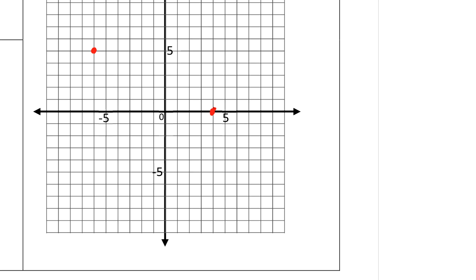With those 2 points, we could figure out the slope of the line. Here's my change in y value. You can see my change in y is 5 units, and actually I went down 5 units. And then my change in x, I'm running from -6 all the way over to +4. If I travel from -6 to 4, that's a change of 10 units.